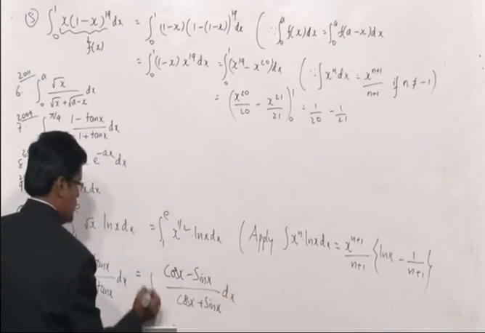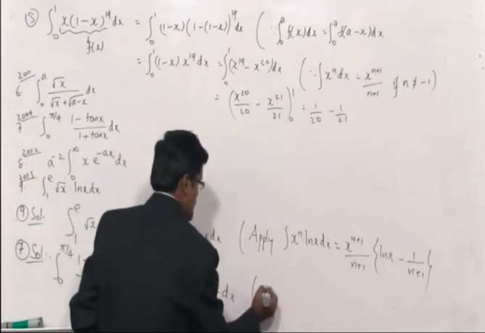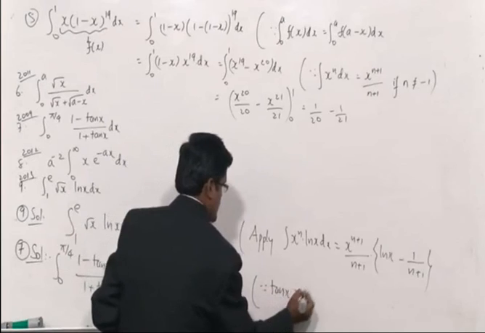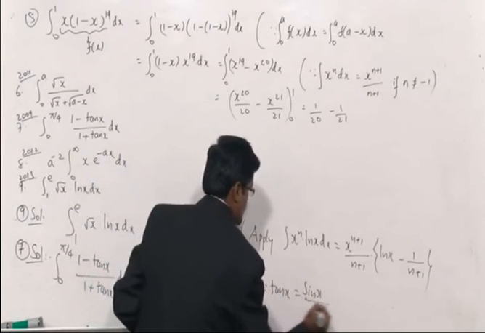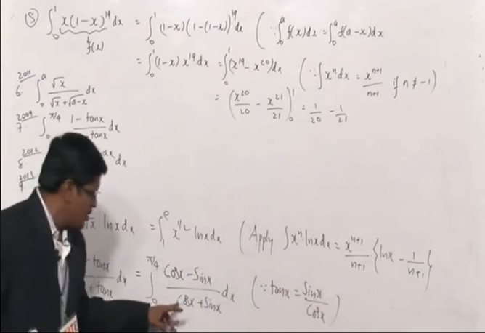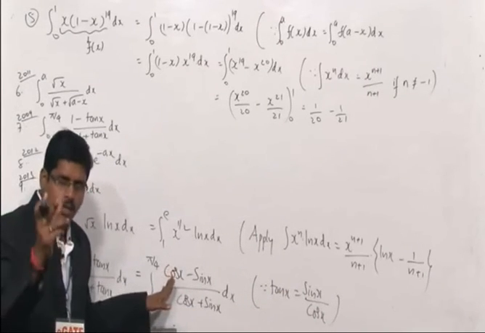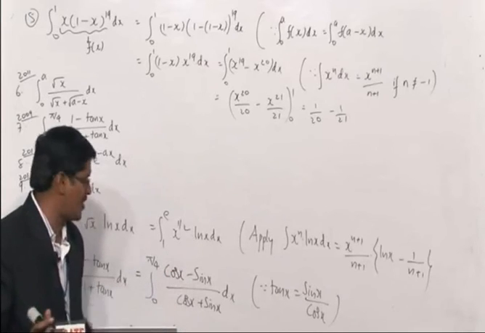The integral 0 to pi by 4 dx, since tan x equals sin x by cos x. Now the derivative of cos x is minus sin x, and the derivative of sin x is plus cos x. It looks like the note point 1 formula I have given, f dash x by f x.